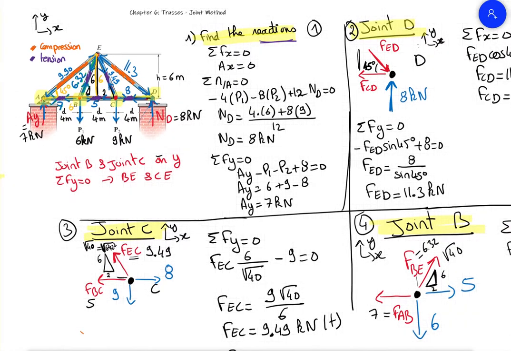So if the question is to find the forces in each member, sometimes the joint method is the method to use. If it's just one member, anywhere in the truss, we will probably use the method of sections that we will see in the next chapter.